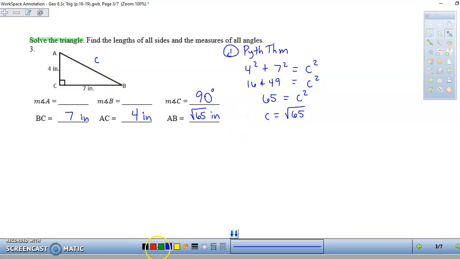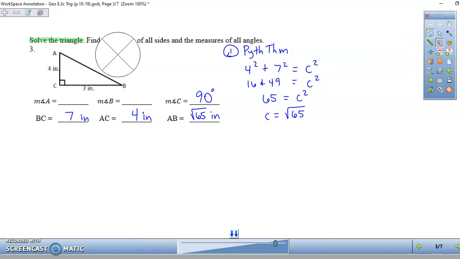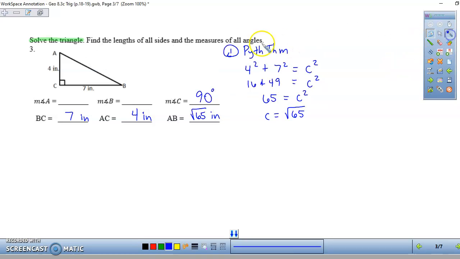Okay, so now let me erase that C and I will put square root of 65 there. All right, so now I'm going to figure out each of these other angles. What you can do for that is several different things.